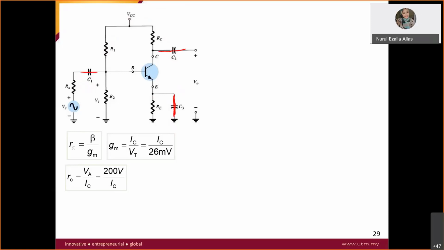What happened to the RE? Short circuit, it will be short circuit as well. Therefore, you can imagine that in your hybrid pi model, the AC analysis emitter will go straight to the ground.